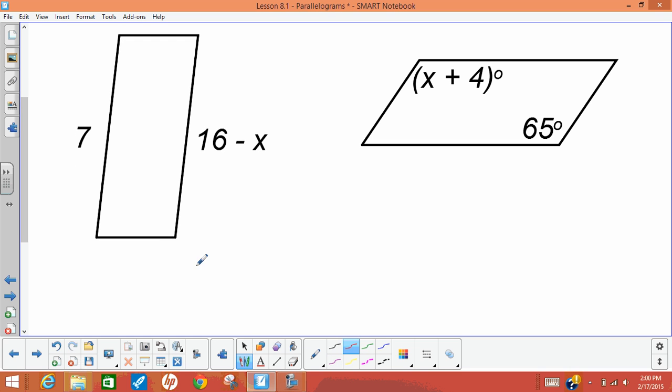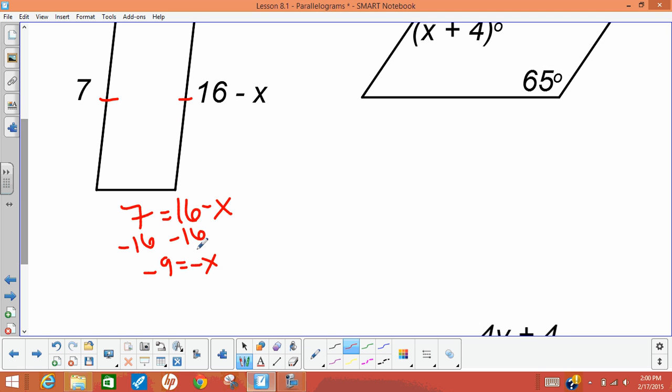The big thing I know about those is that they're congruent. So I can find x by setting up this equation and solving for x. I'll subtract 16 from both sides, and I can multiply both sides by -1 to get that x is 9.